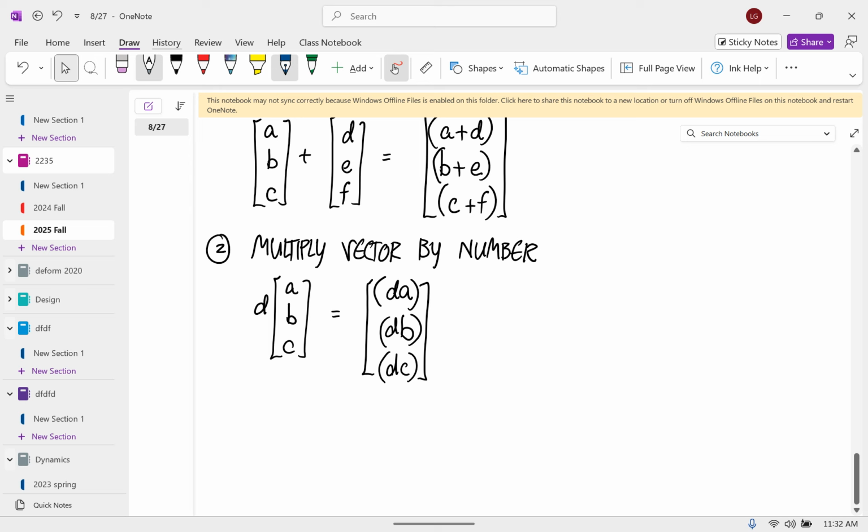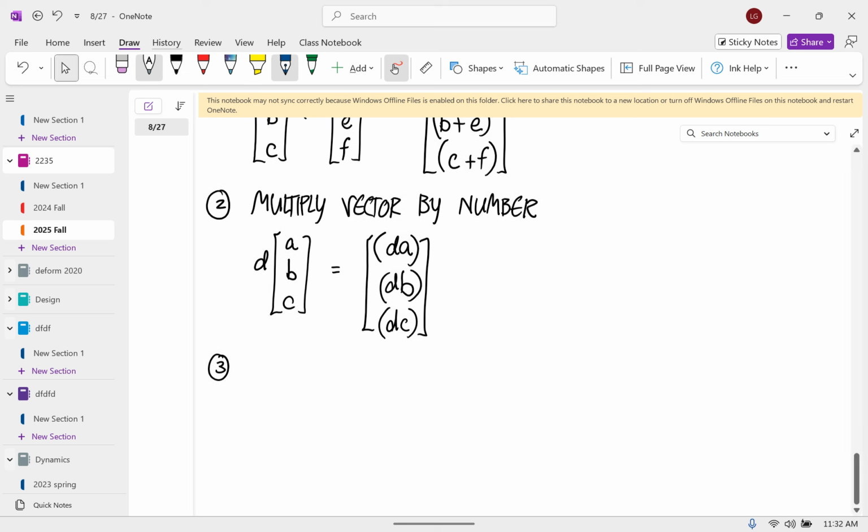And then there's two ways to multiply two vectors together. So now multiplying two vectors.